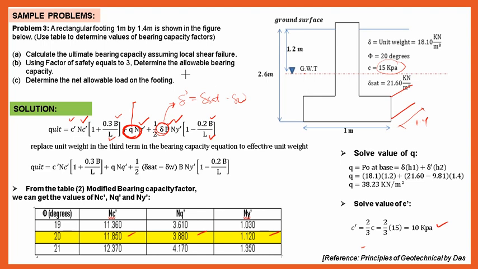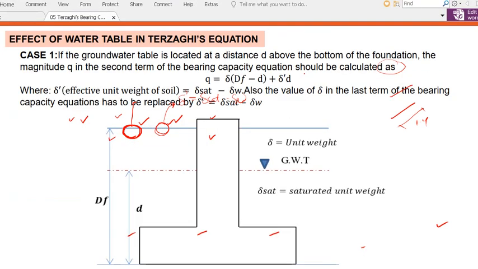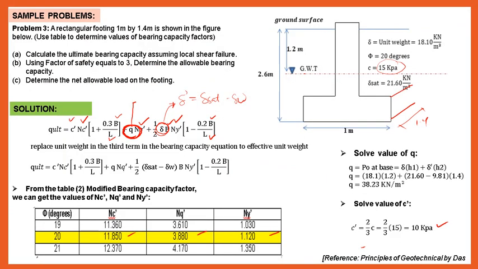So, our unit weight here will be replaced by the effective unit weight, which is saturated minus unit weight of water. Okay? To solve for our Q0, we have unit weight times H1 plus unit weight prime times H2. That is our Q0.